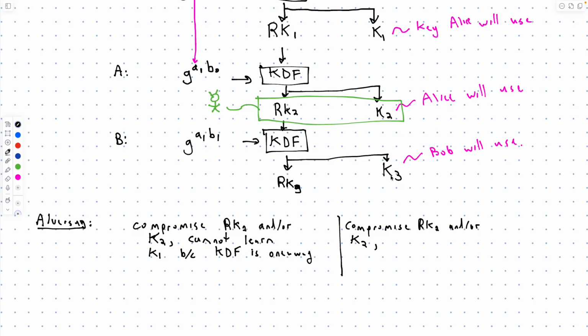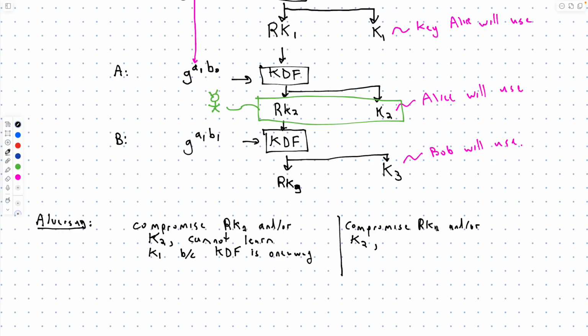Why not? Because Bob has to generate his Diffie-Hellman element. So I can run the KDF forward. If I have the input to the KDF, I can run it forward. But I'm missing the second input to the KDF. Specifically, I don't know what B1 is. Even if I'm on the wire, I see g^A1, I see g^B1, but I don't know g^(A1B1). That's the Diffie-Hellman. So the Diffie-Hellman protects it.